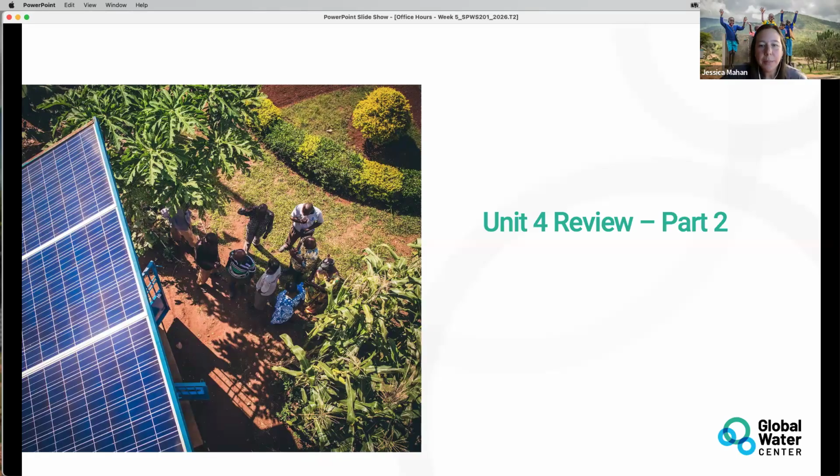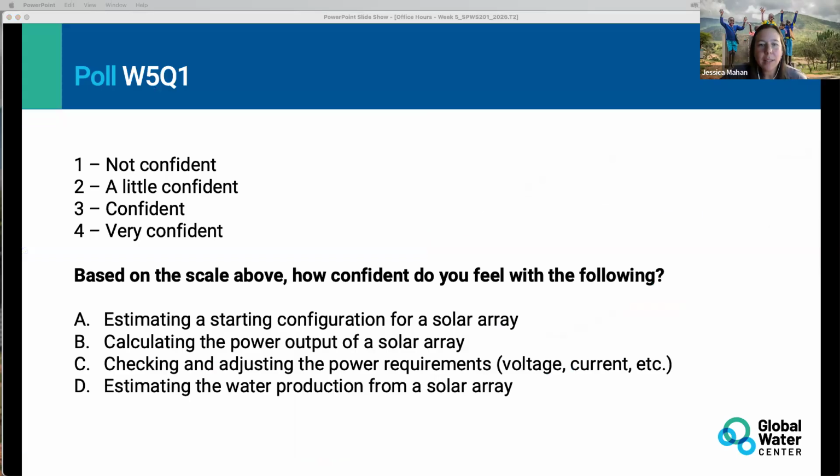This is the kind of poll we usually start these off with. I just want to get a gauge of where we are on some of these. These are the big topics for the second half of Unit 4. So estimating your starting configuration for a solar array, calculating the power output of that solar array, checking and adjusting the power requirements, and then estimating water production.